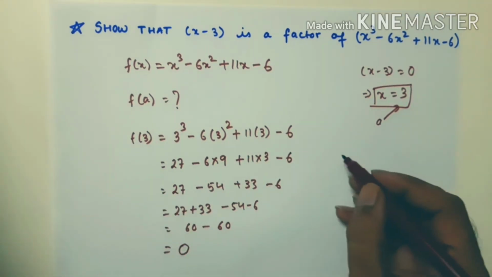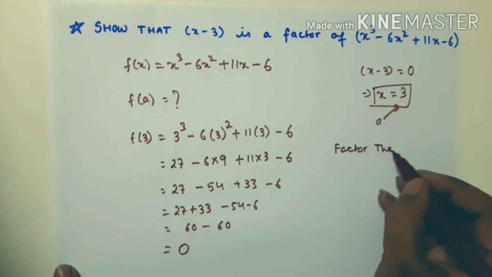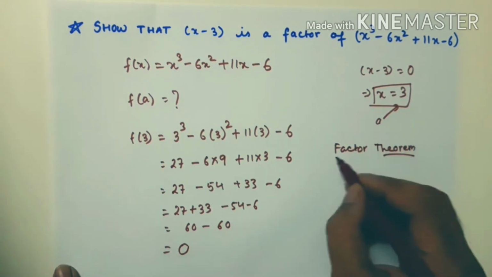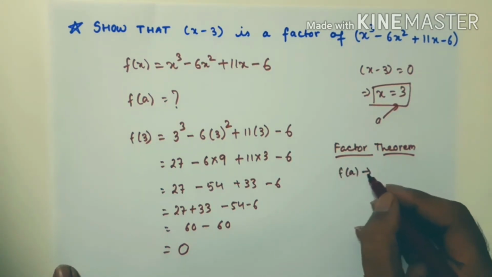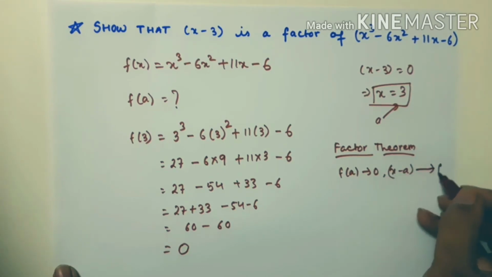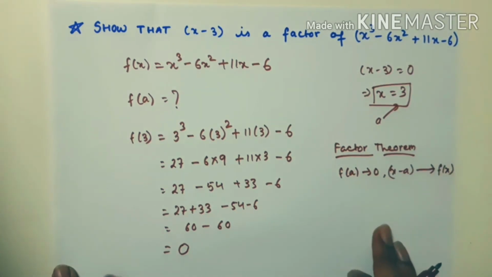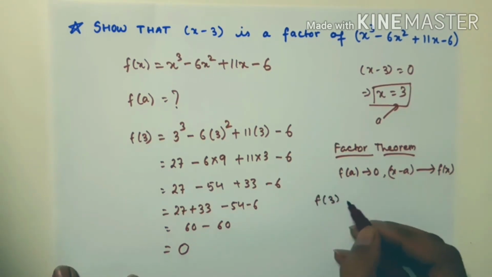By the factor theorem we know, the factor theorem states that if f of a is 0, then x minus a is a factor of f of x. Same thing here: we have got f of 3 is 0.